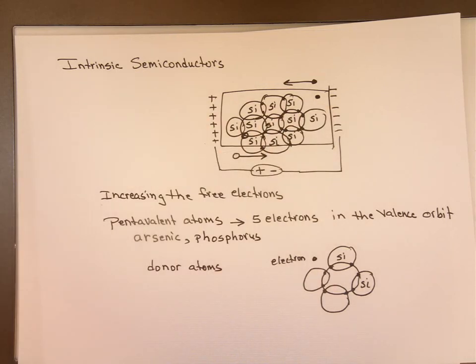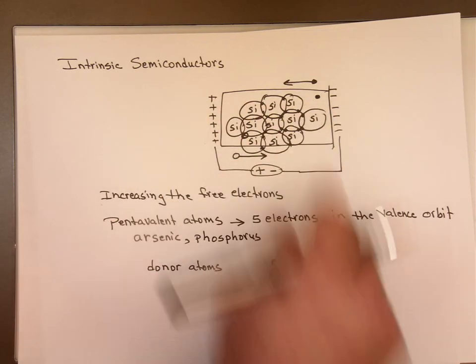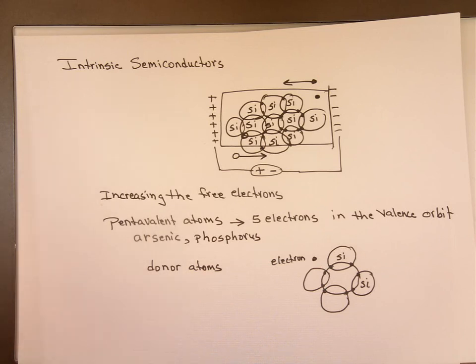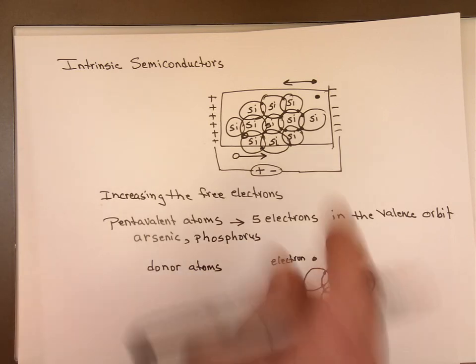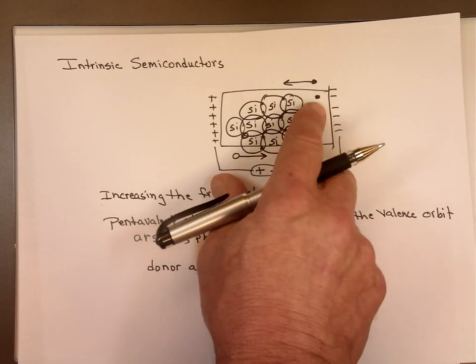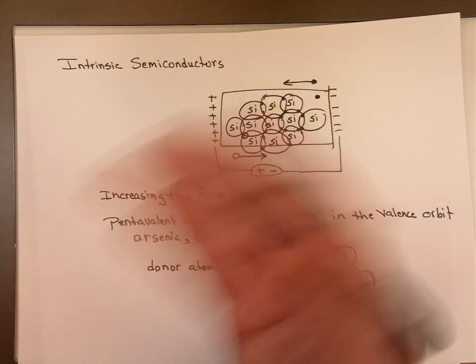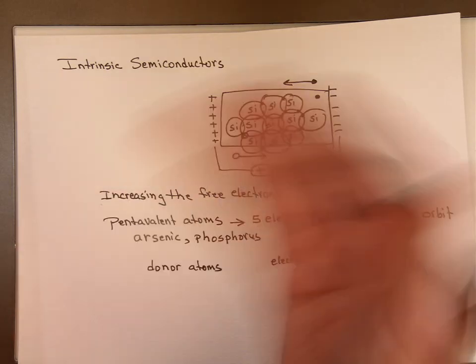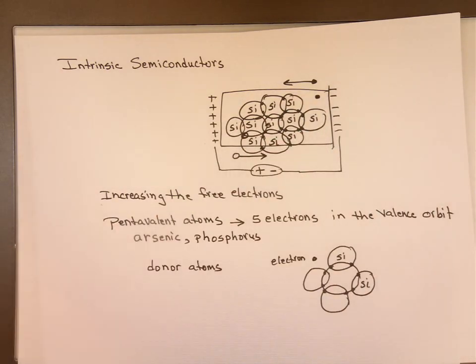So the more electrons you add to it, the more current is going to go through. It's going to react like a low value of R. The fewer donors that you put in, that means less current going through it, it's going to feel like something is blocking it. That means the resistor must be higher. And that's what's happening. So this process is called increasing the free electrons.